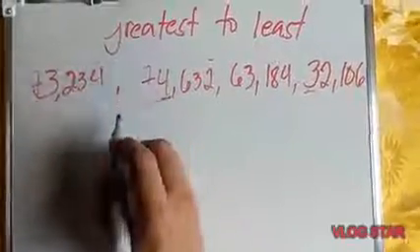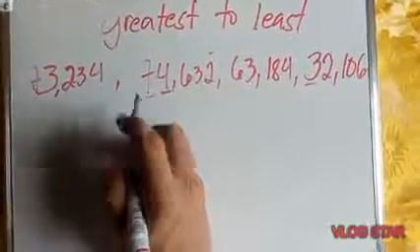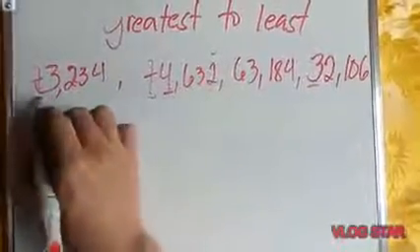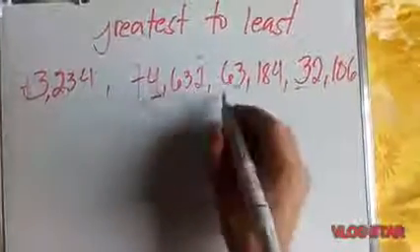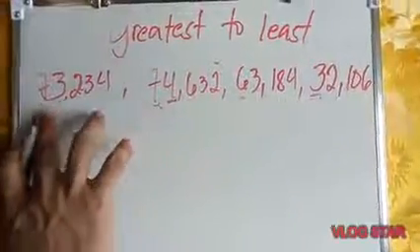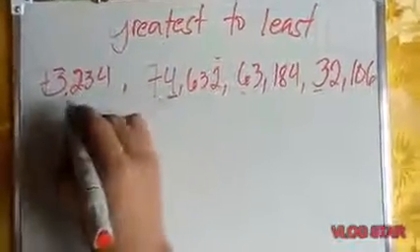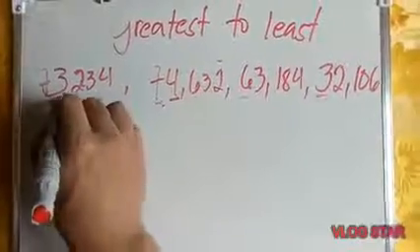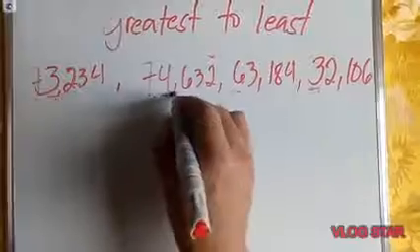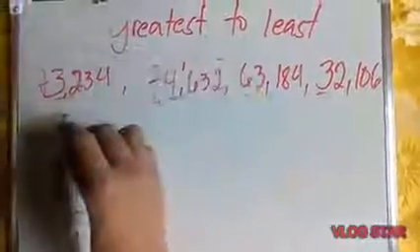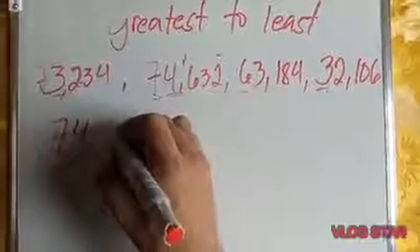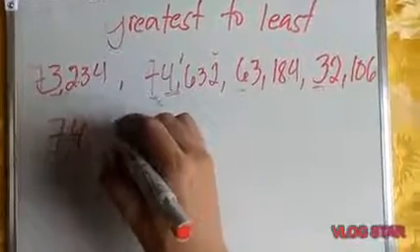Since greatest to least, we will start by choosing the biggest number. So 7, 7, 6, 3. So the biggest is 7 and 7. Then let's proceed to their thousands place. 3 and 4. 4 is bigger than 3, so 74,000 is the greatest or the biggest number.